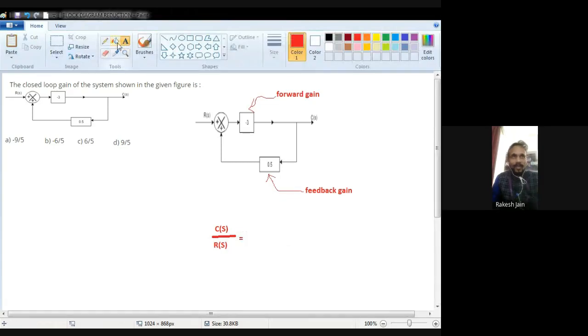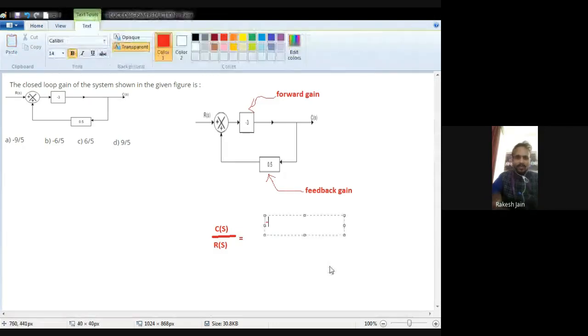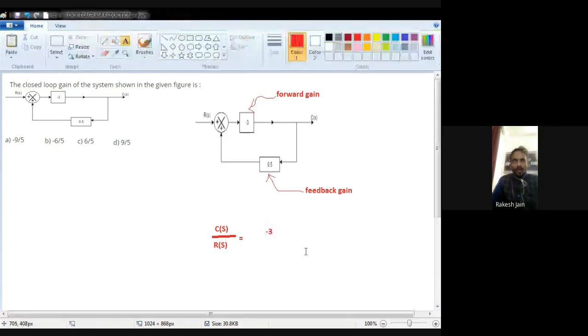So what is the forward gain? We just see minus 3 is the forward gain. I just mentioned minus 3 is the forward gain, so I just put minus 3 upon forward gain divided by 1 plus or minus.